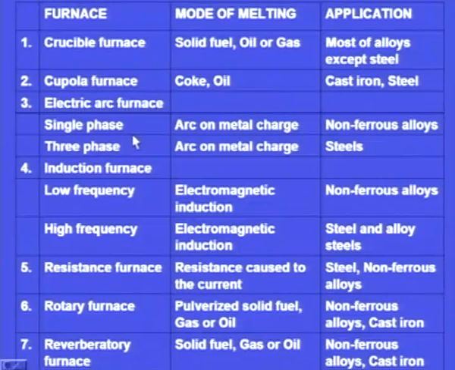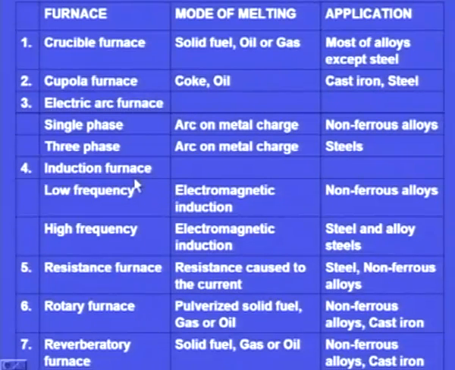One is single phase arc furnace. Here arc is used to melt the metallic charge, and this is used for melting non-ferrous alloys. And the other type of the arc furnace is the three phase arc furnace. Here also arc is used to melt the charge, and this is used to melt steels.